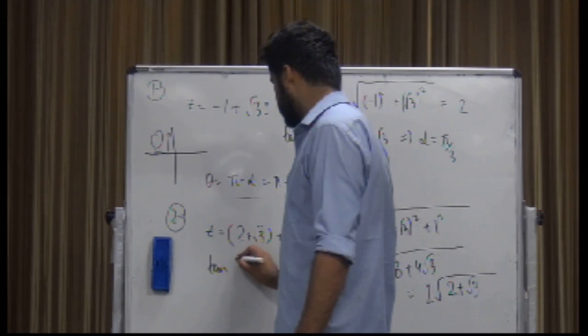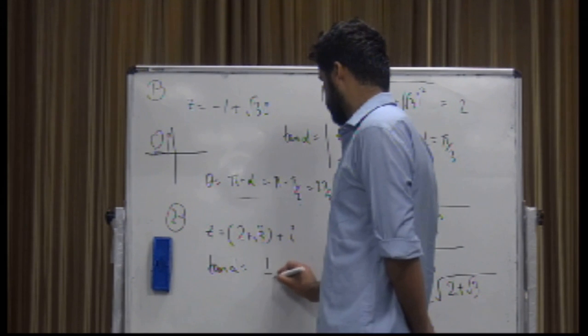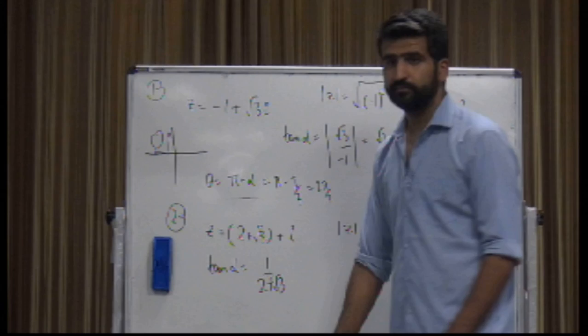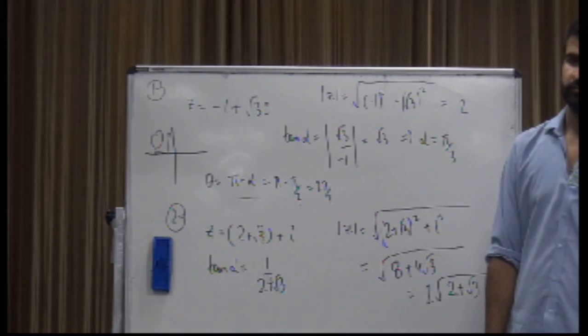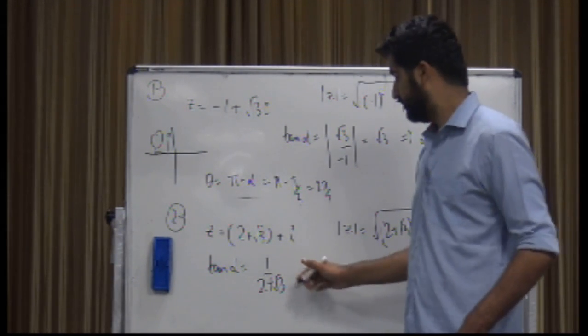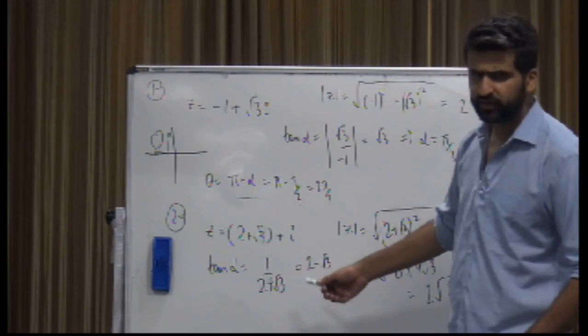So first of all, what is the value of alpha? Tan alpha is 1 upon 2 plus root 3. So you rationalize this, and you will get 2 minus root 3. Can you do this? Yes, sir.